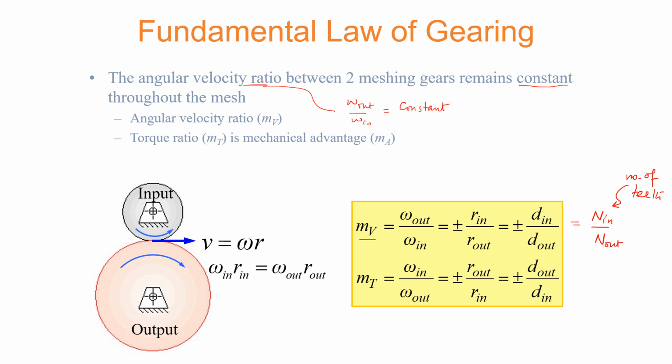And the relationship between mv and mt is that they are inverses of each other. So this is like inversion. With this realization that you are going to make use of the fundamental law of gearing, we are going to again and again reiterate these expressions in the subsequent discussion.